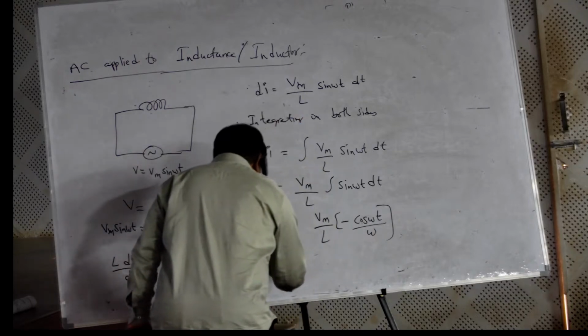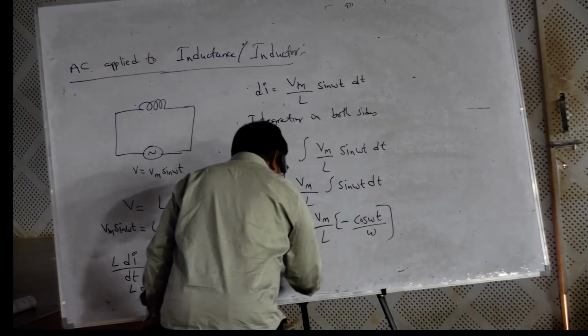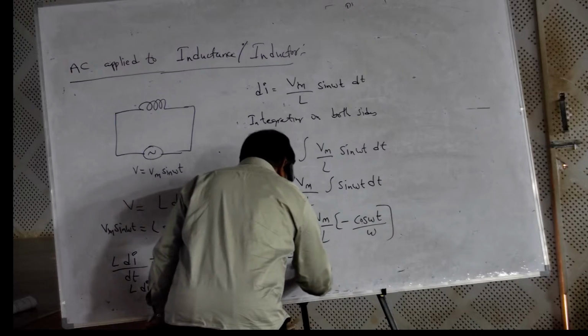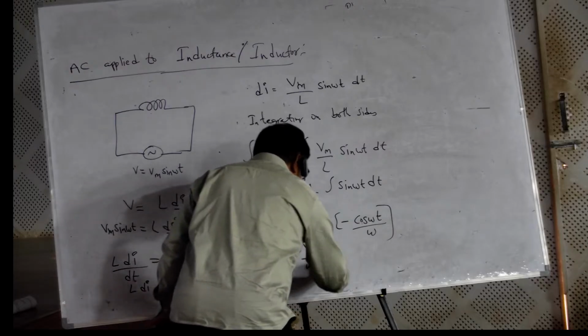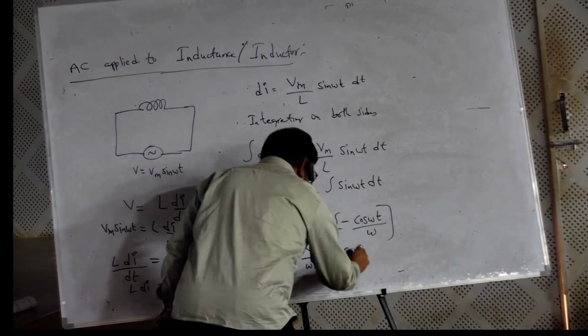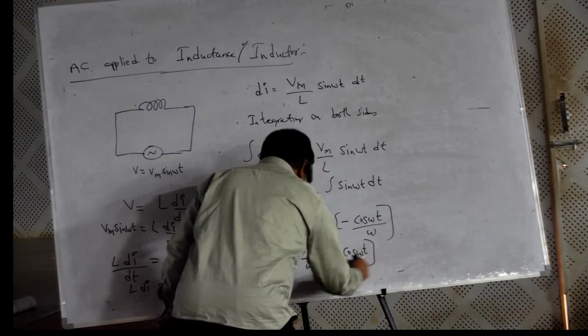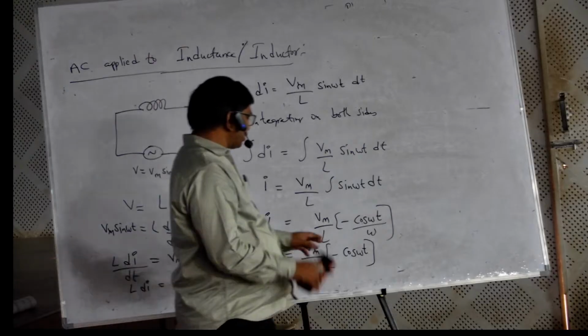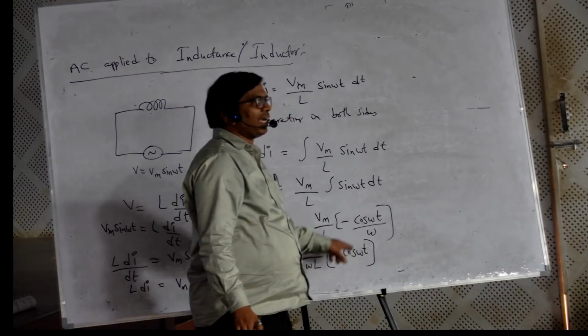So I is equal to what? Vm by omega L times minus cos omega t. Okay. So how can I write this minus cos omega t in terms of sine?